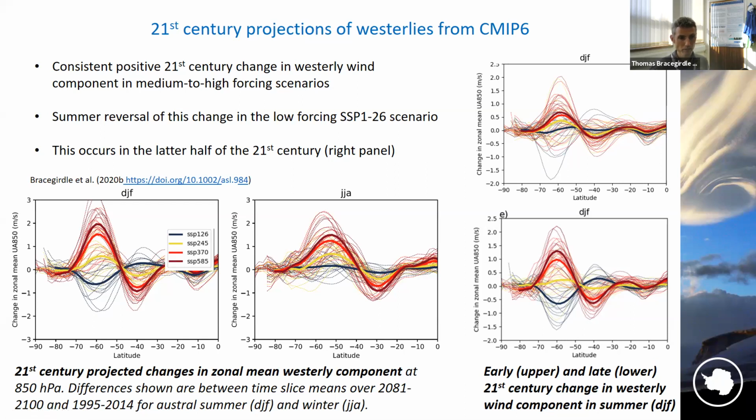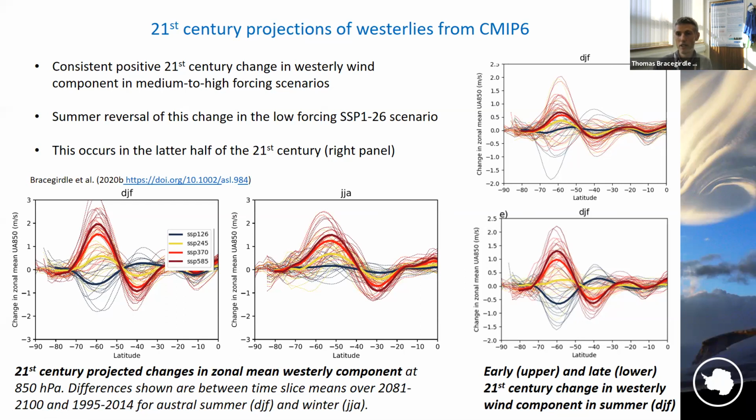westerly components of the winds associated with recovery of stratospheric ozone, so the plot here on the right shows the early and late parts of the century split up. So if you look at the early part of the century in summer, there's quite a lot of global warming still happening even in that low emission scenario.